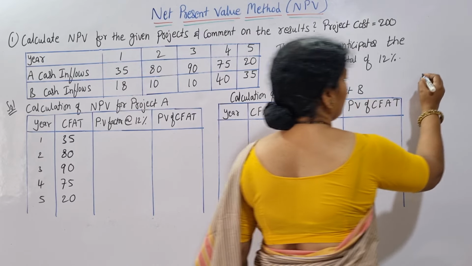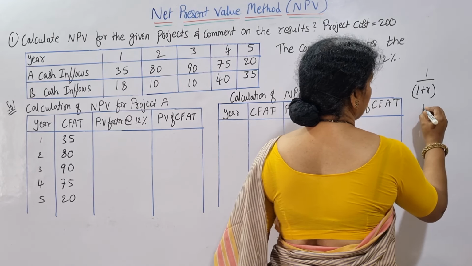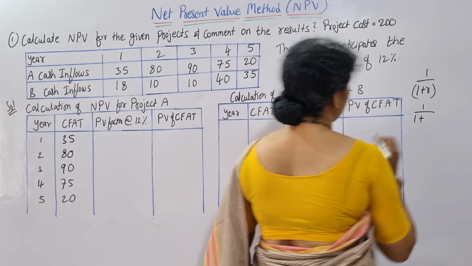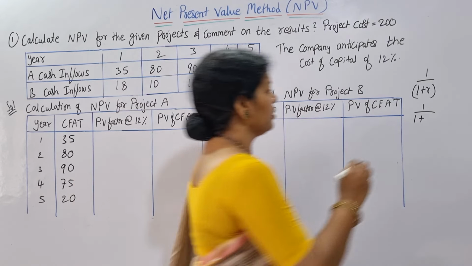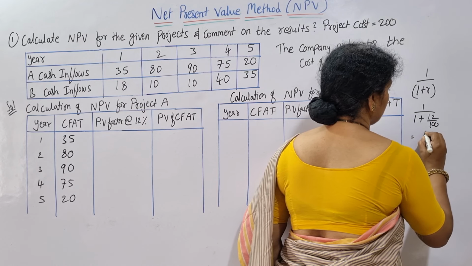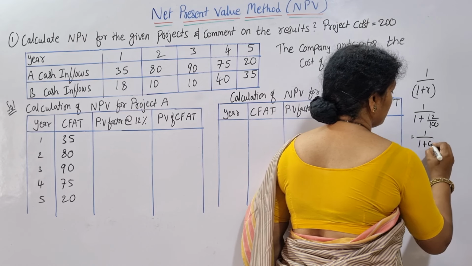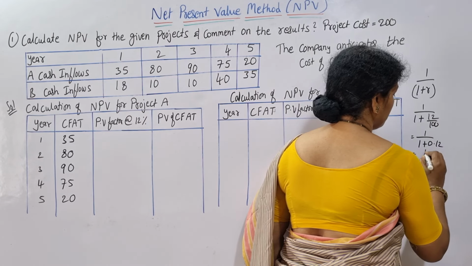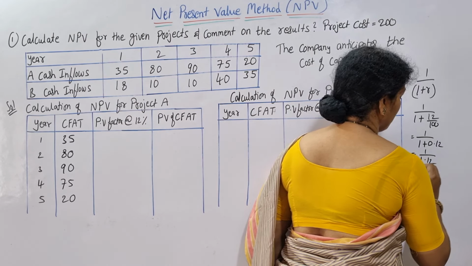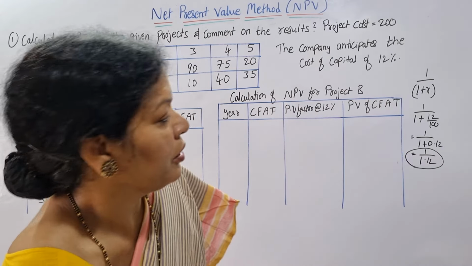What is the formula? 1 by 1 plus R. Here R is 12%, it means 1 by 1 plus 0.12, that is 1 by 1.12. This you have to calculate, then you will get the present value factor.